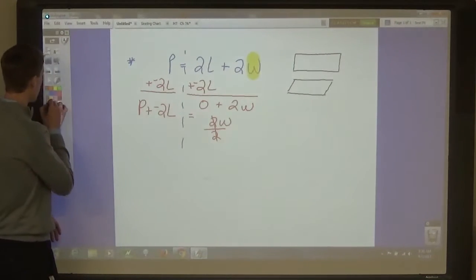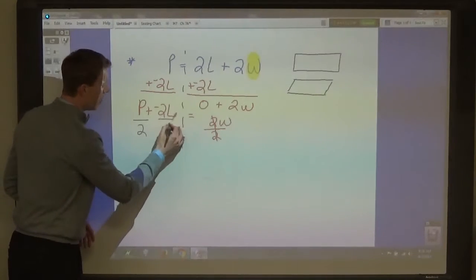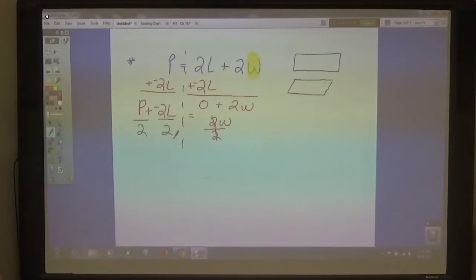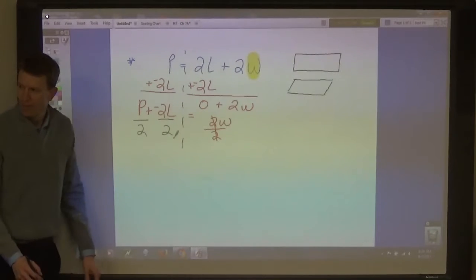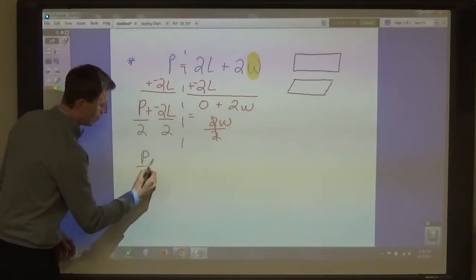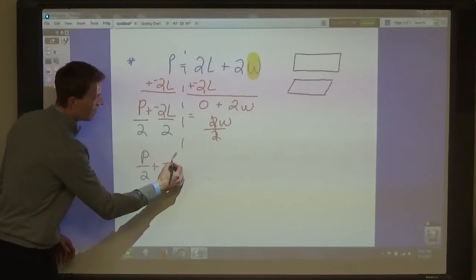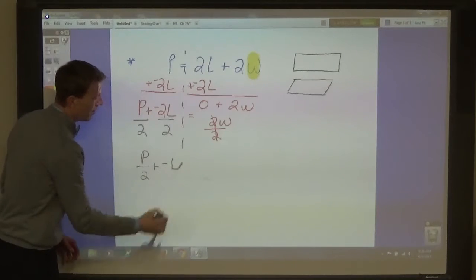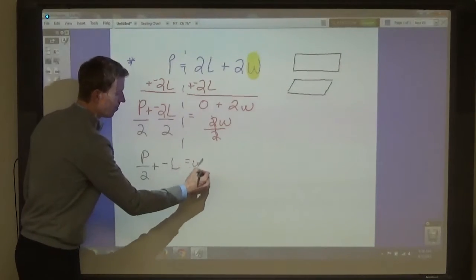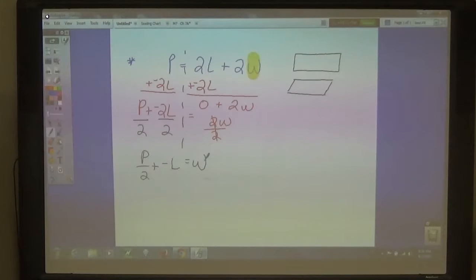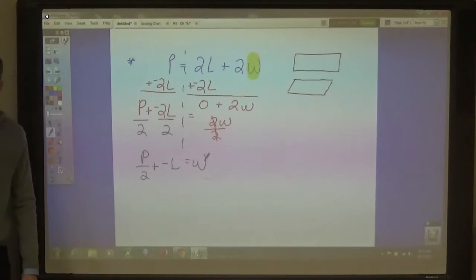Each term has to be divided by 2. So it'll be P over 2 and then negative L, or negative 1L. Yep. So P over 2 plus negative L.